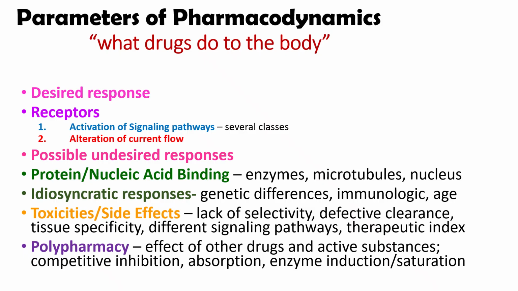Some people are taking 2 and 3 and 5 medications, right? They might have competing effects. So medications are all trying to bind to the same receptor. And they may have similar effects, or that may exaggerate a response, right? And so we're considering all of these factors when we're looking at pharmacodynamics. So what do drugs do to the body?